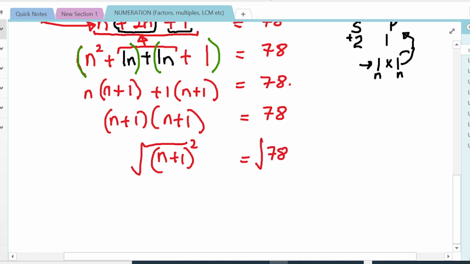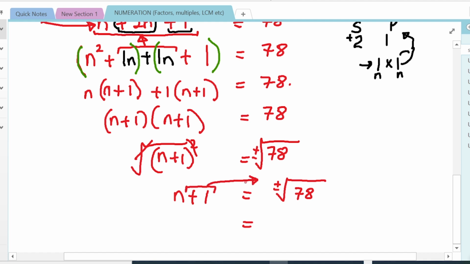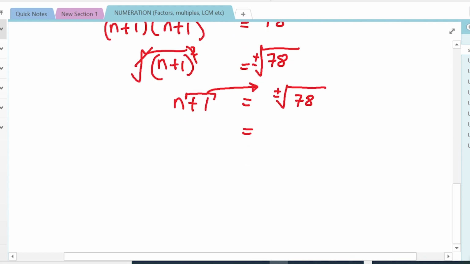We do the square root on both sides. This goes with that, and you remain with n plus 1 equal to the square root of 78. Now this square root is either plus or minus. When we shift this 1 across, since we're interested in finding the value of n, we remain with n on this side.